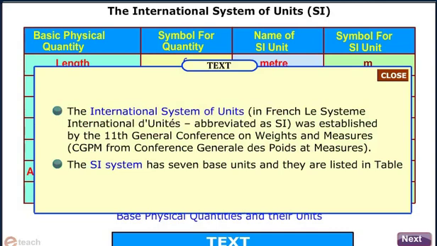The International System of Units, in French, Le Système International des Unités, abbreviated as SI, was established by the 11th General Conference on Weights and Measures, CGPM, from the Conférence Générale des Poids et Mesures. The SI system has 7 base units and they are listed in the table.